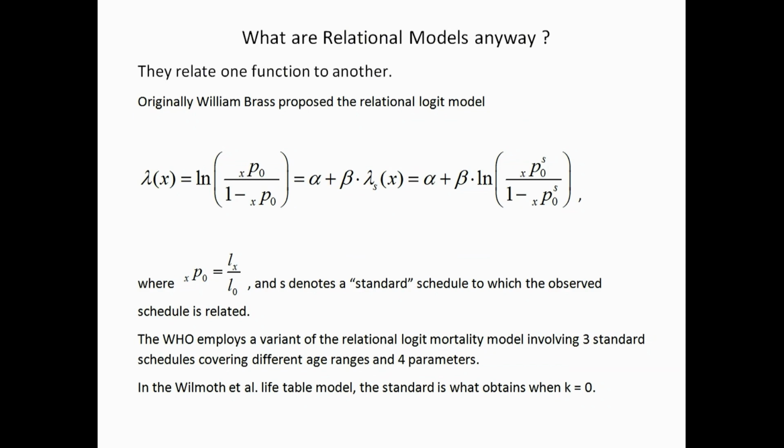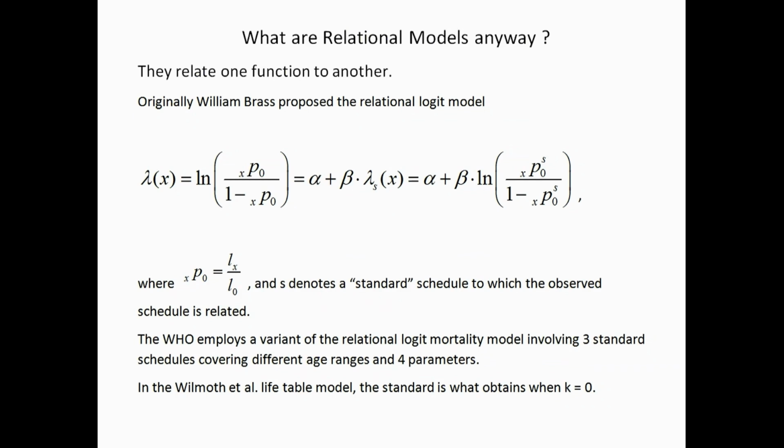And lambda refers to the logit. The subscript or superscript S refers to the standard. We see the transformations linear in the logits, and what the logits are the logarithms of the probability of dying divided by its complement. That's an odds ratio. It's basically a logistic curve with asymptotes of 0 and 1.